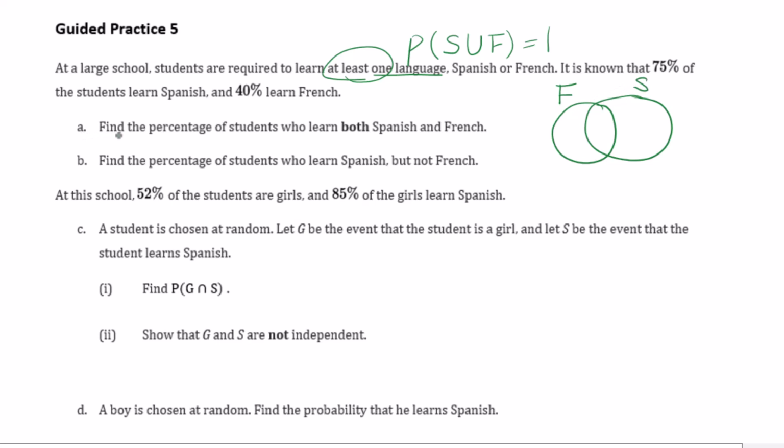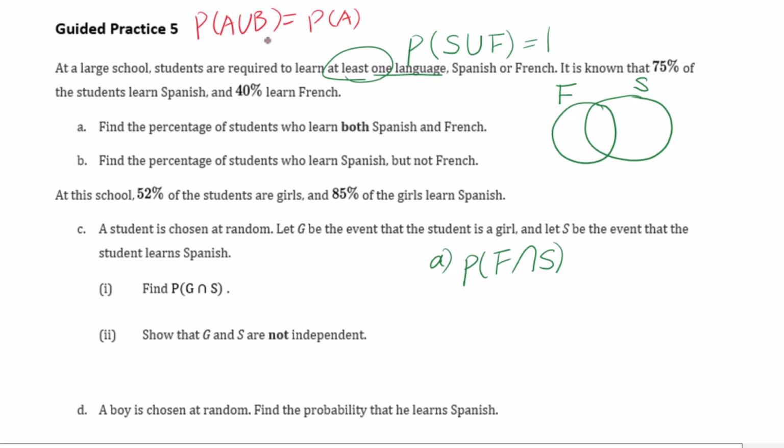For part (a), find the percentage of students who learn both Spanish and French. Basically, we're looking for the probability of French intersection Spanish. We will use the addition rule.